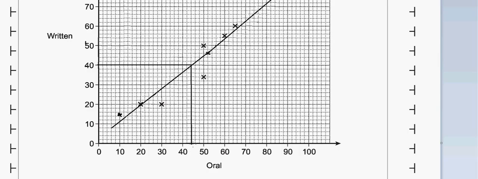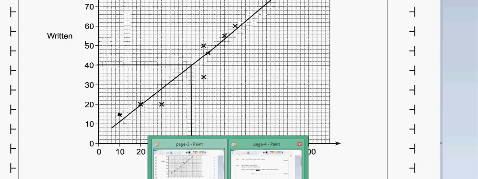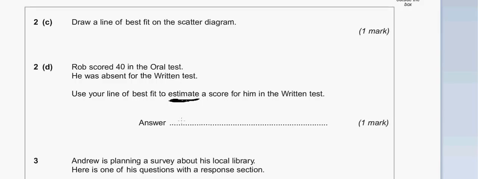Okay, so I would say that he scored 44 marks. Now if you look at the exam mark schemes, you'll see that they have a margin for error, so this is not cast in stone. They might accept anything from 38 to 48, say, because your line will be slightly inaccurate as mine is.